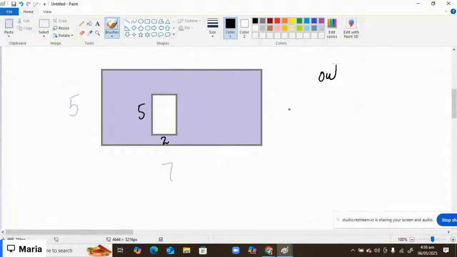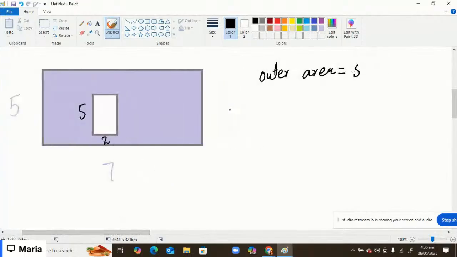What is the outer area? It's 5 times 7. What is the answer of 5 times 7? 5 times 7 is 35.